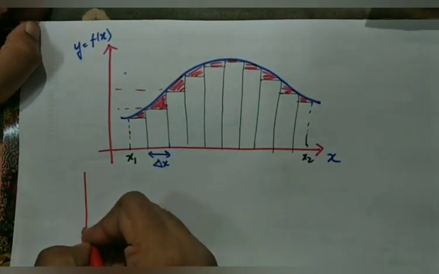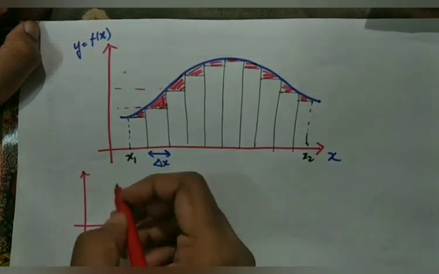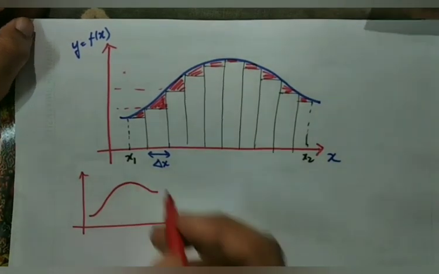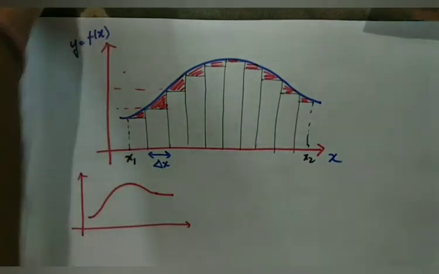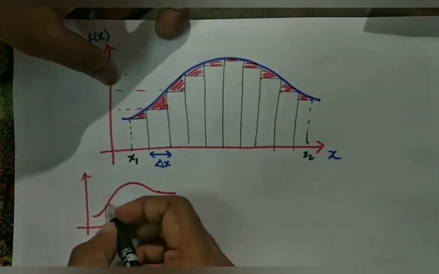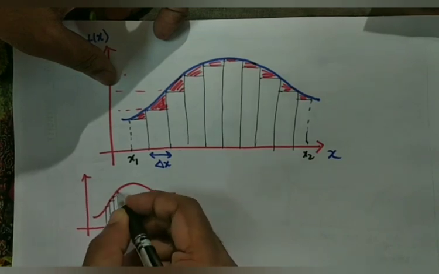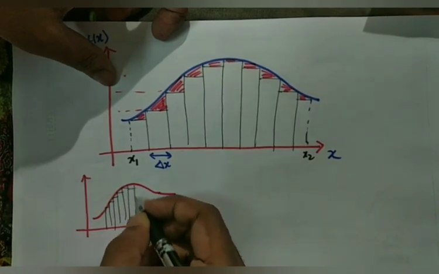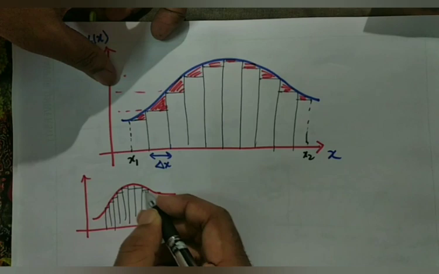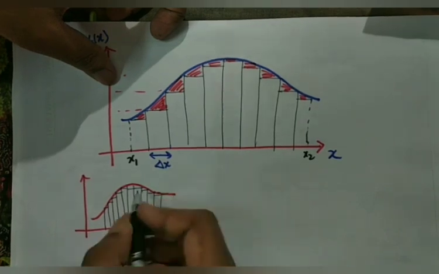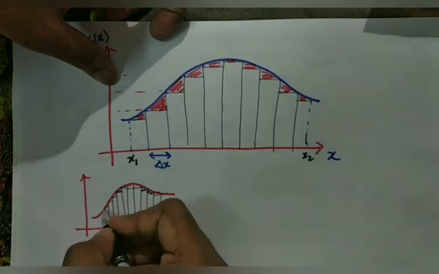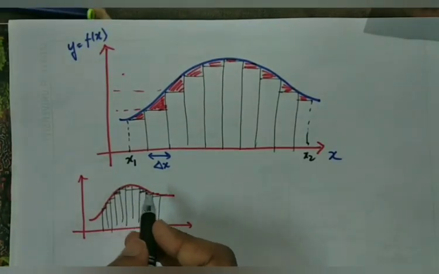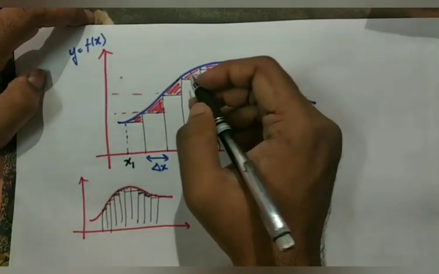One way is that we can take smaller rectangles. So if we take smaller rectangles, this left out area we can neglect.